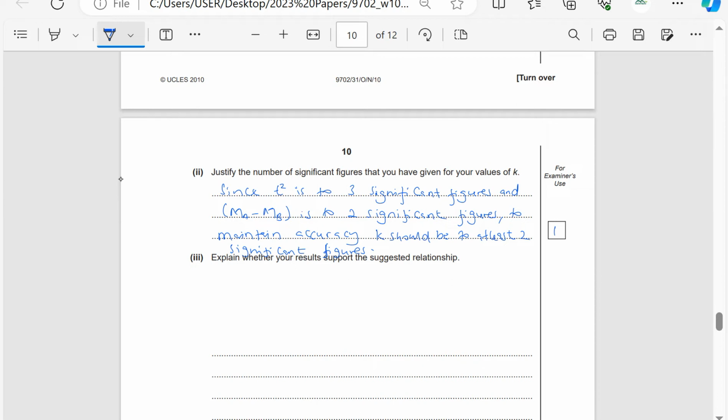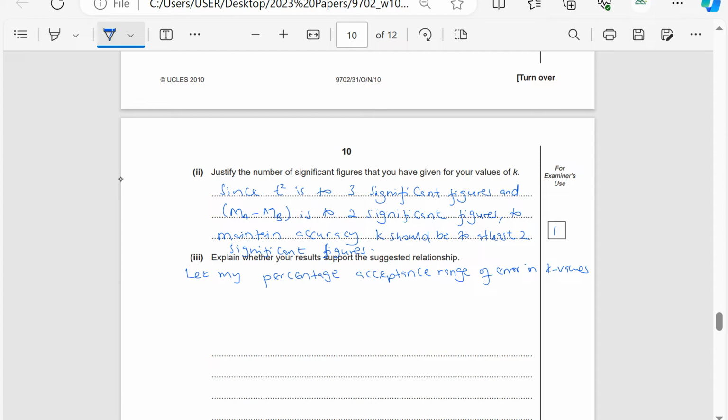Explain whether your results support the suggested relationship. So here I told my students to start by stating a criterion, and my student said let my percentage acceptance range of error in k values.